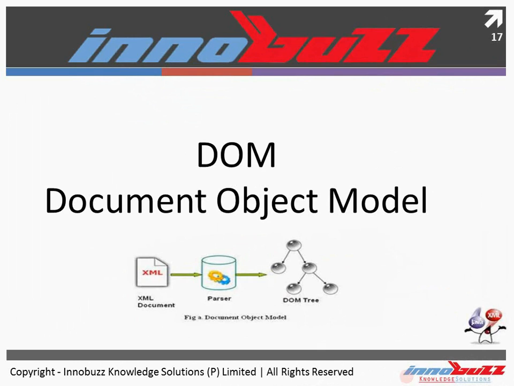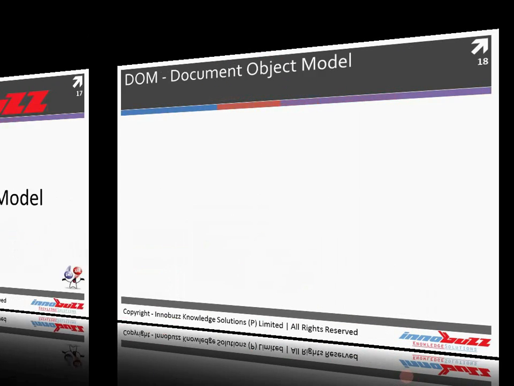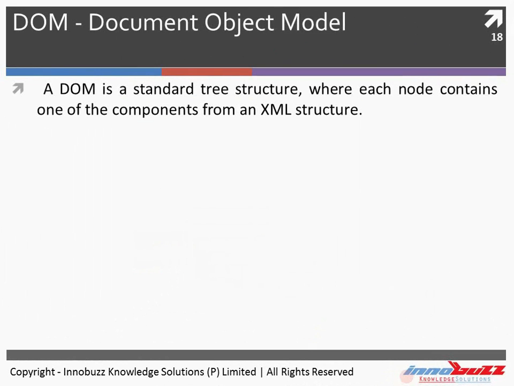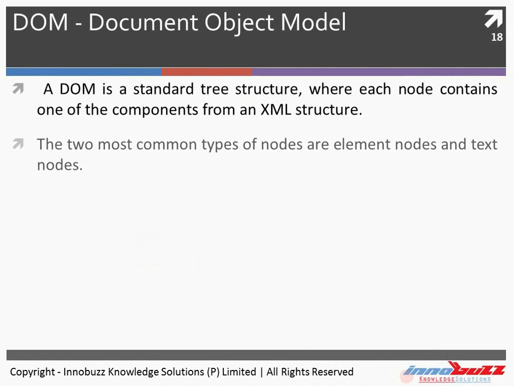Now let's see the Document Object Model. A document object model is a standard tree structure where each node contains one of the components from an XML structure.